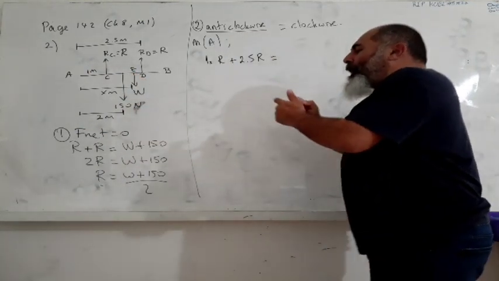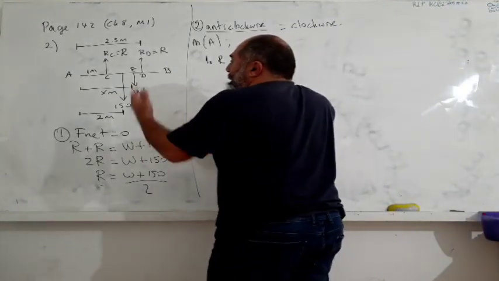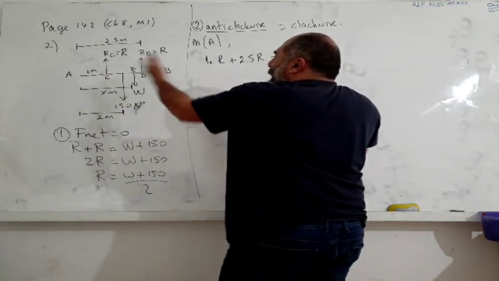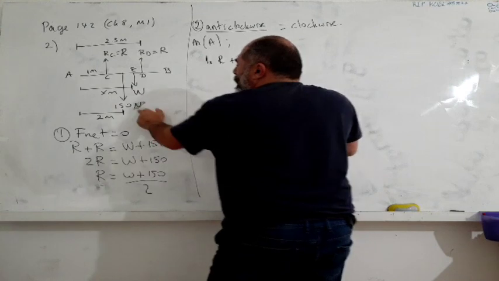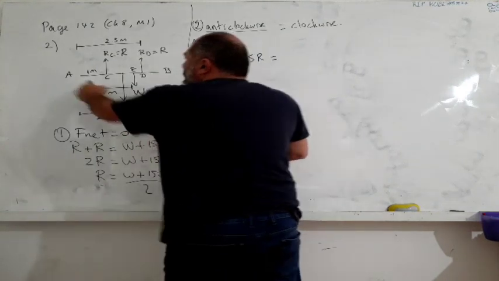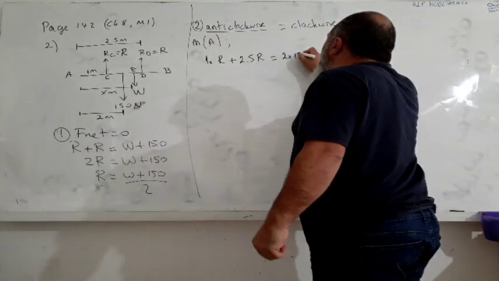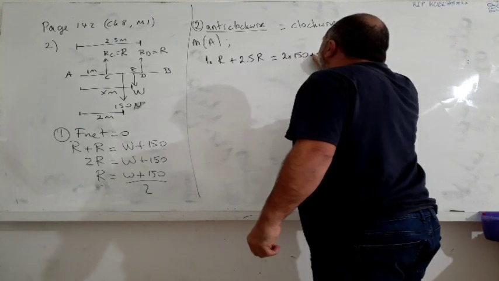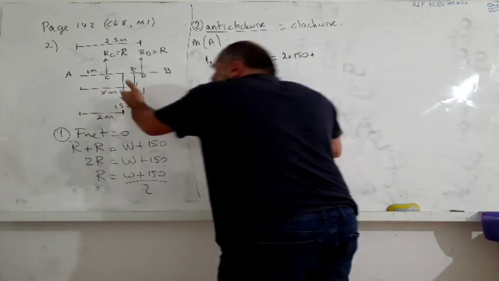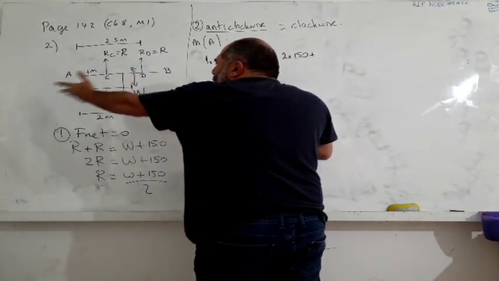We have two forces which try to turn the beam in the clockwise direction. We have the weight of the rod, which is 150 newtons, at 2 meters from A, so 2 times 150. And we have the particle at an unknown distance, so I select a point E and put the particle there, which has a weight W and a distance x from point A, given in the question.